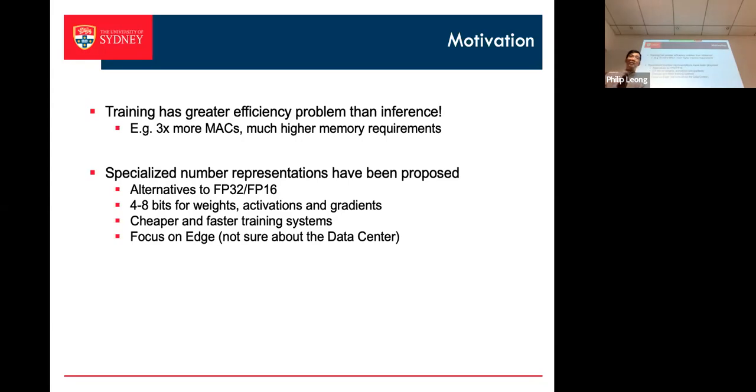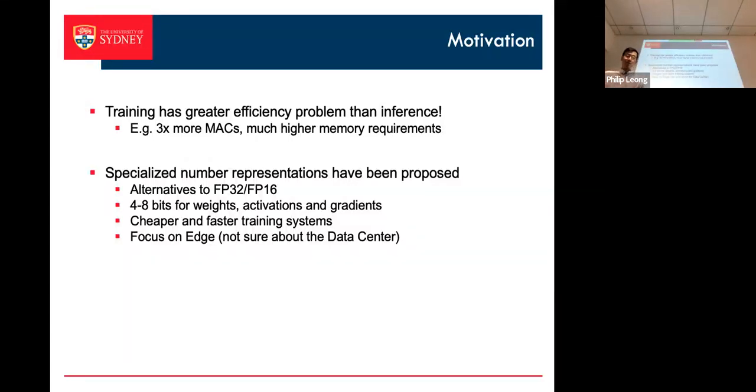Doing training on FPGA is much harder than inference. With inference, you take an input, which could be a large image, and at the end you have one number, which is the class or something like that.